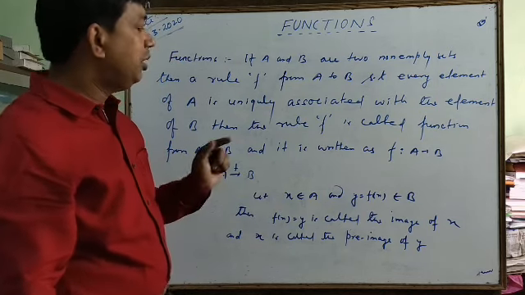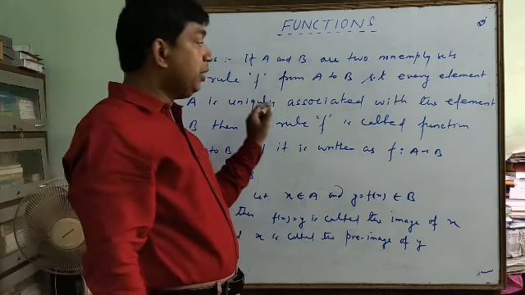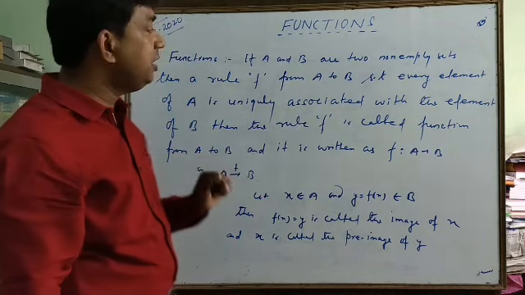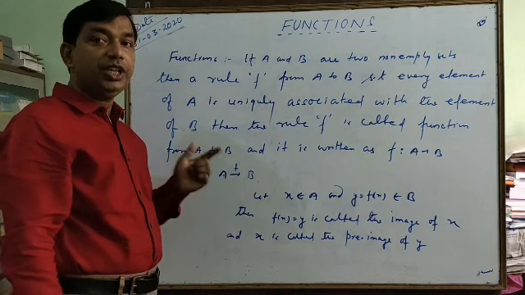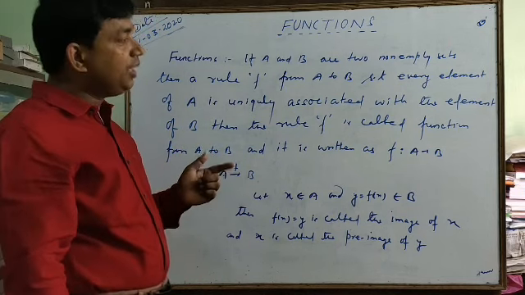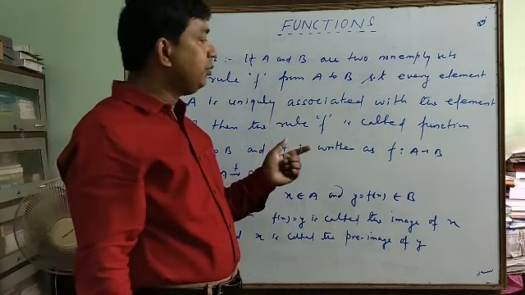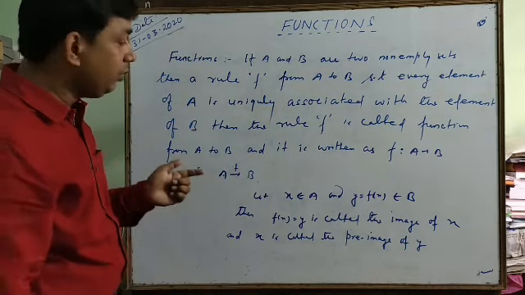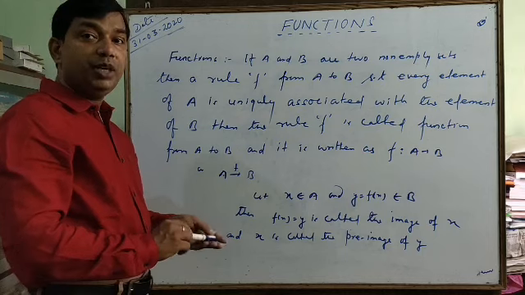So according to the rule, every element of A is uniquely associated with the element of B, means the image is always unique. But we cannot say the same for the pre-image. First you write this and then I will explain what is pre-image.